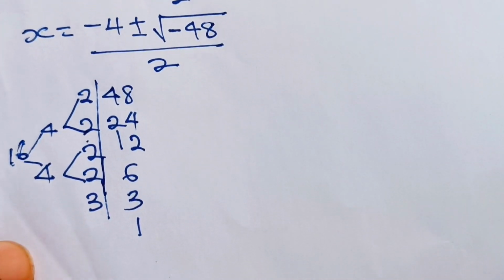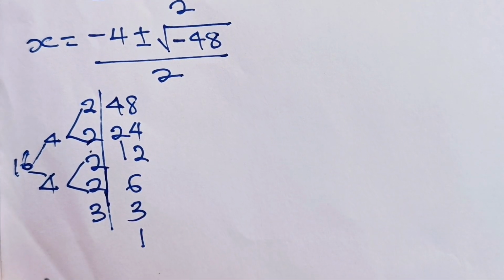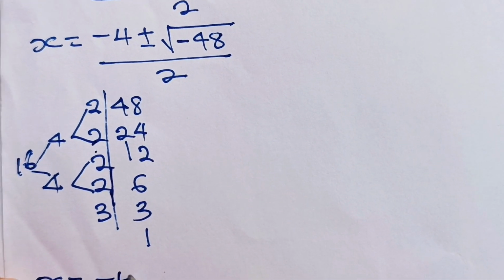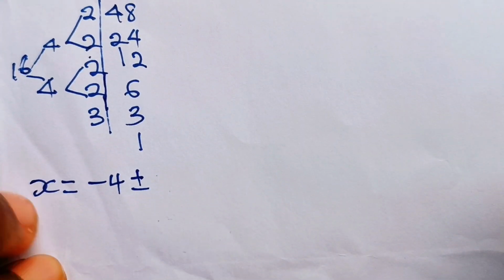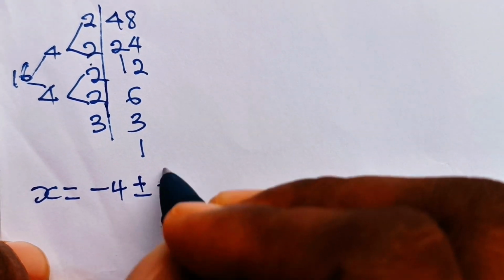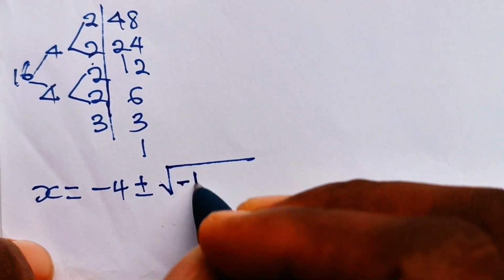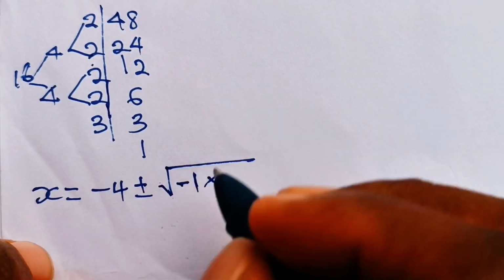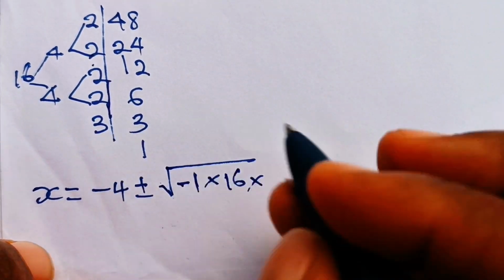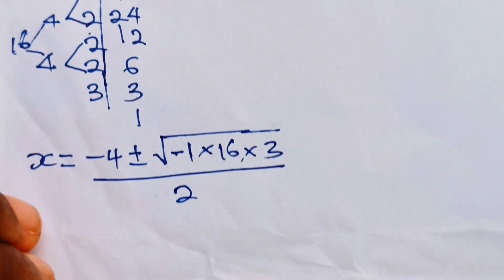Okay, so since it is 16, then we are going to factorize minus 48. x is equal to minus 4 plus or minus the square root of, now minus 48 is the same thing as minus 1 multiplied by 16, right? This 16, then multiplied by this 3 that is remaining, everything divided by 2.